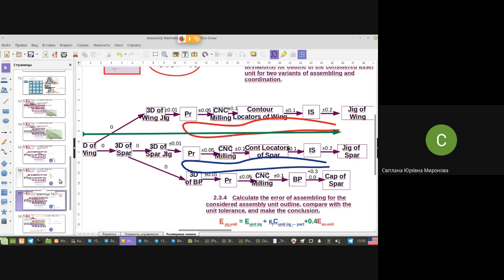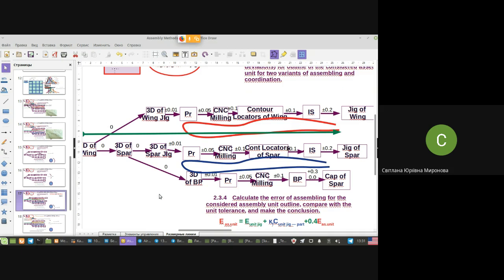But when you have a complex assembly unit, especially when it comes to the contour locators, you need it. For instance, in a spar you have brackets, you might even need a jigging plate. In this case, anyway, you need to use the instrumental stand, at least in order to make a gauge of junction. For the wing, yes, compulsory, you need this instrumental stand.